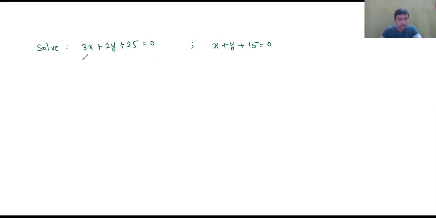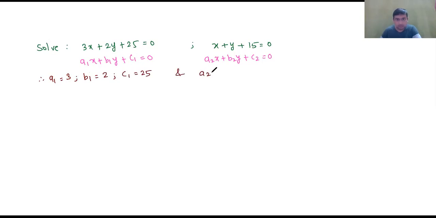Now we will compare these equations with the general form, a1x plus b1y plus c1 is equal to 0 and a2x plus b2y plus c2 is equal to 0. Therefore we can write a1 is equal to 3, b1 is equal to 2, c1 is equal to 25, and a2 is 1, b2 is 1, c2 is 15.